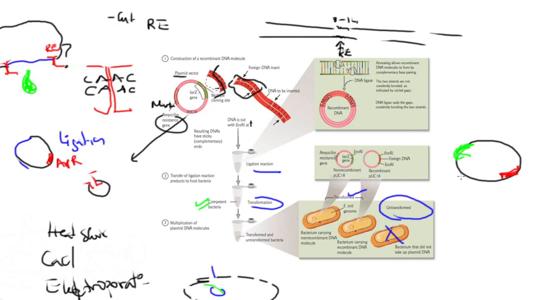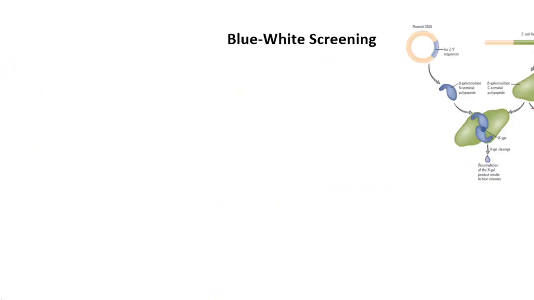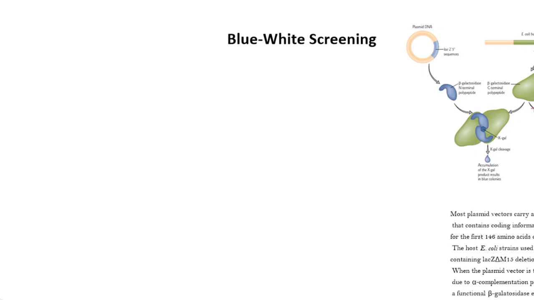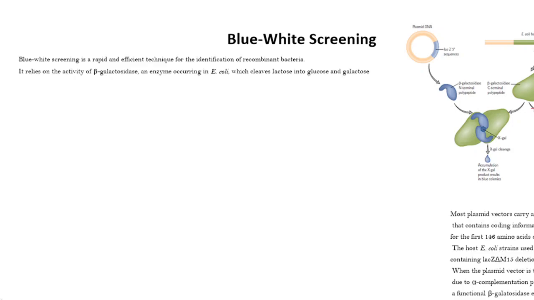So to test for the gene, we do another test, and this is usually referred to as the blue and white screening. So let's understand what the blue and white screening is. The blue and white screening is just a rapid and quite effective technique to identify recombinant bacteria.